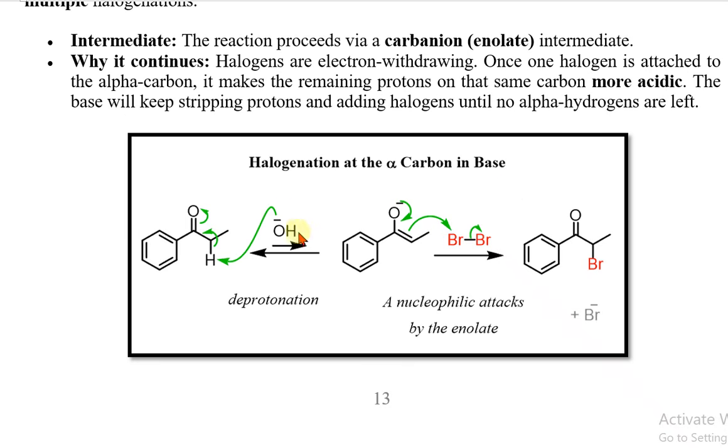So look here, the base removes a proton and makes a carbanion, and this carbanion is resonance stabilized to give you this structure. Finally, this makes a double bond and the pi bond takes a proton. Now this halogen is electron withdrawing, so it decreases the acidity of the hydrogen.